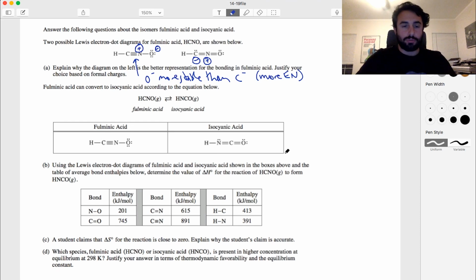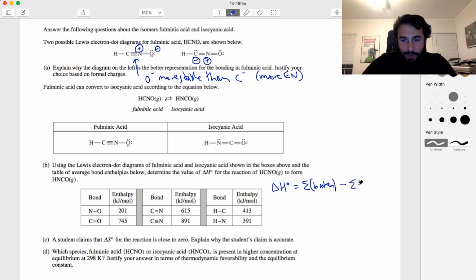It's a structural rearrangement. And so now, using these structures and this data here about average bond enthalpies, we want to get the delta H for this reaction. And so how are we going to get this? Now, delta H, we're using bond enthalpy data, and so this means we're doing the sum of the bonds broken minus the sum of the bonds formed.